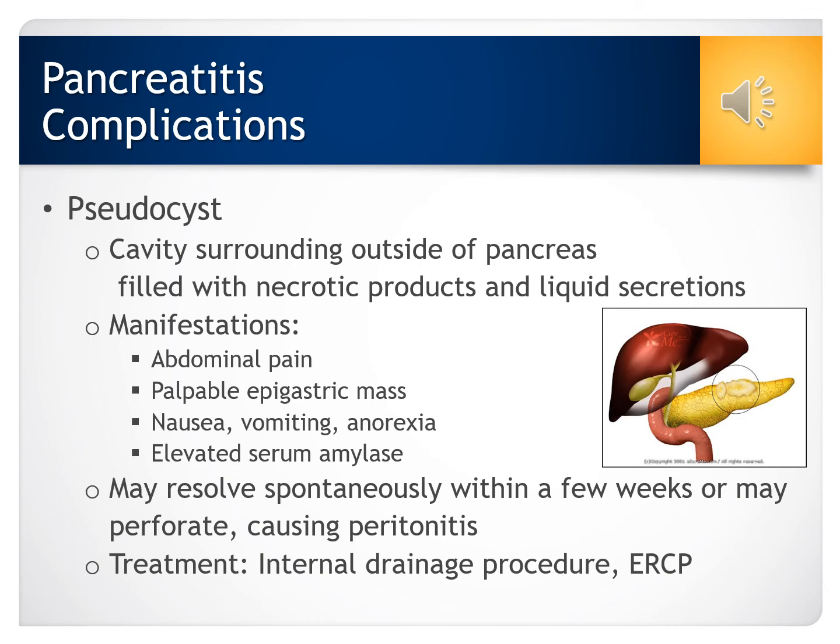A CT, MRI, or endoscopic ultrasound may be used in the detection of a pseudocyst. The cysts will usually resolve spontaneously within a week or two, but they may also perforate, which can cause peritonitis. Treatment options would then include surgical drainage, a percutaneous catheter placement with drainage, or endoscopic drainage.